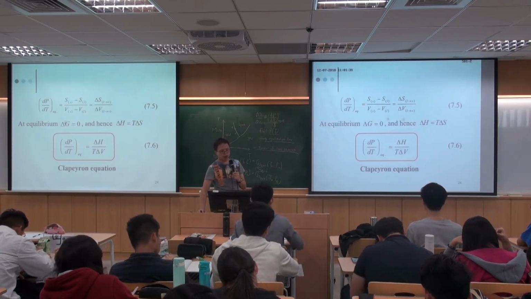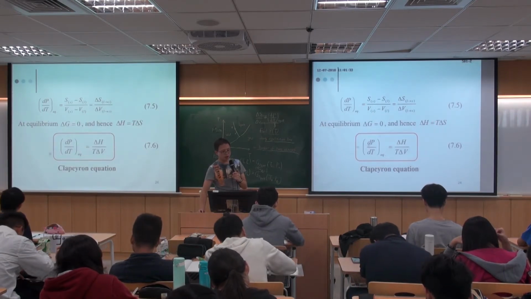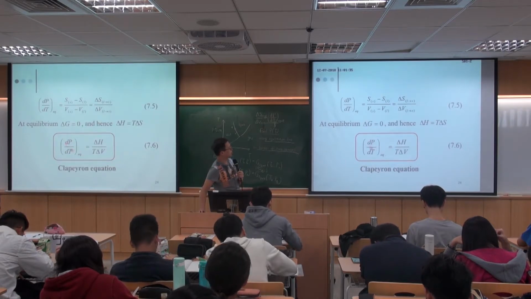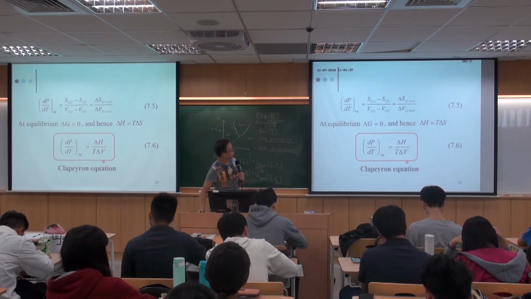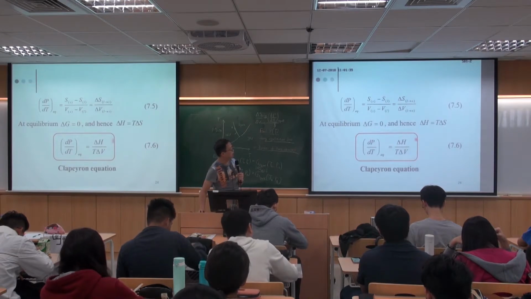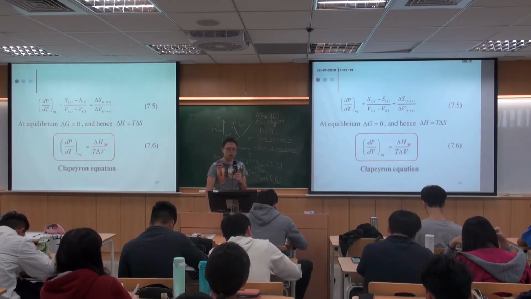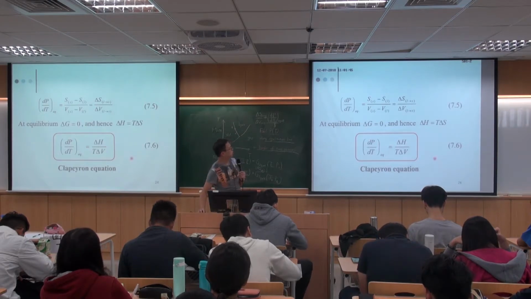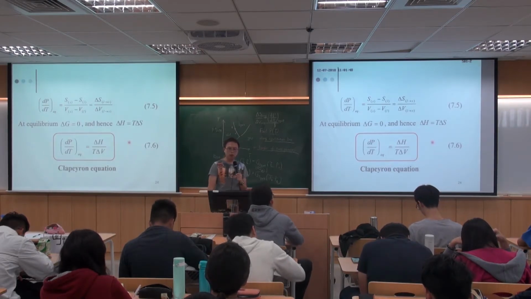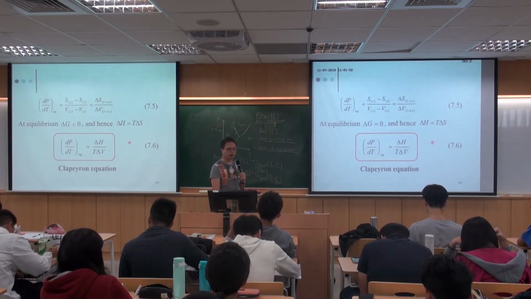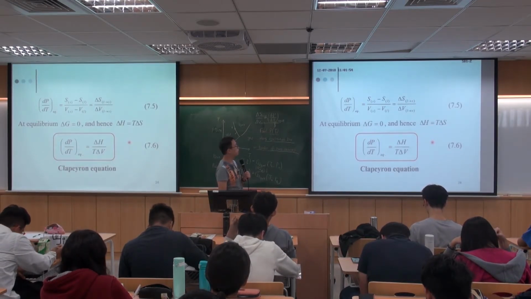So eventually you'll have an expression for dP over dT that can be estimated by these macroscopic measurables. These quantities, for instance delta H, will be the latent heat of phase transformation, right? And this quantity can be measured experimentally.